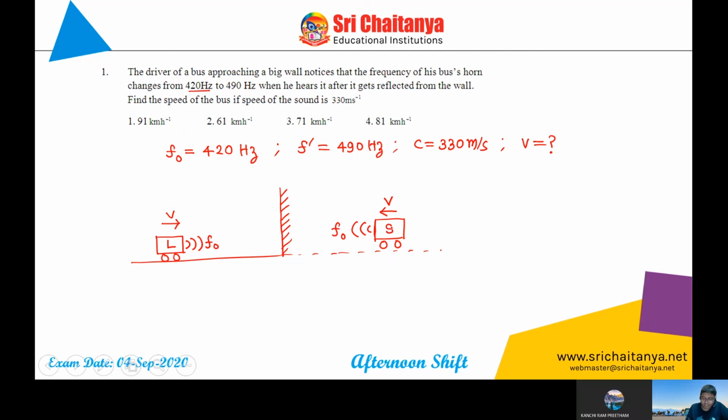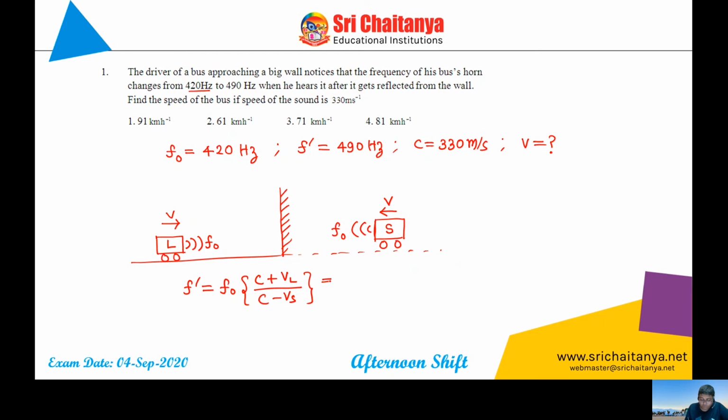So in that case, it is a simple one step problem. So f dash will be equal to f naught into (c plus vl) upon (c minus vs), because the listener is approaching the source, and the source is approaching the listener as well. So this will be the applicable formula here.